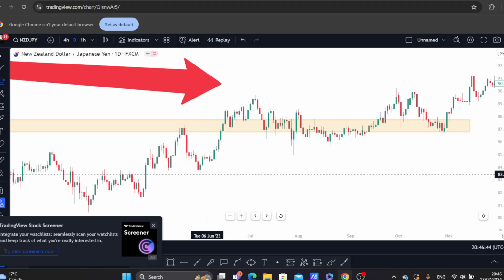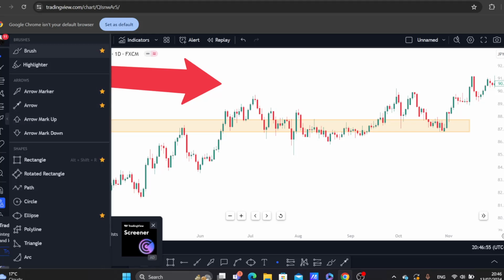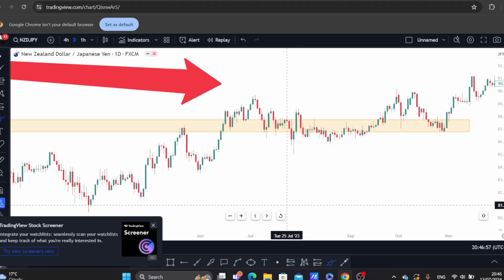If you're new to supply and demand, we have two types of demand zones. Let me quickly draw that for you. One of the demand zones is a rally, when the price goes up and then it bases.